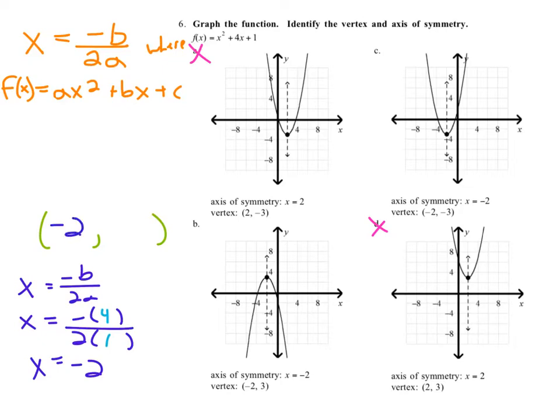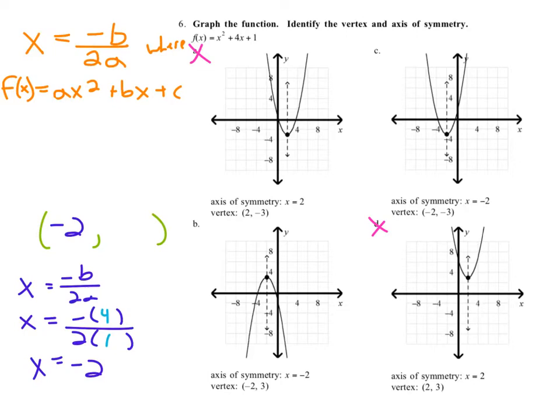Why is that? Because all points on the axis of symmetry have an x coordinate of negative 2. And since the vertex point is on the axis of symmetry, it must also have an x coordinate of negative 2. So since we already know the x coordinate of the point we're looking for, we can just substitute that value in for x and see what comes out for y.